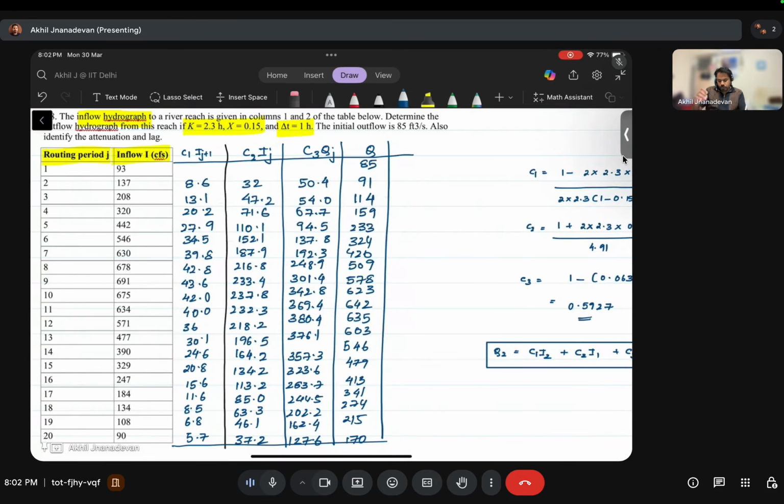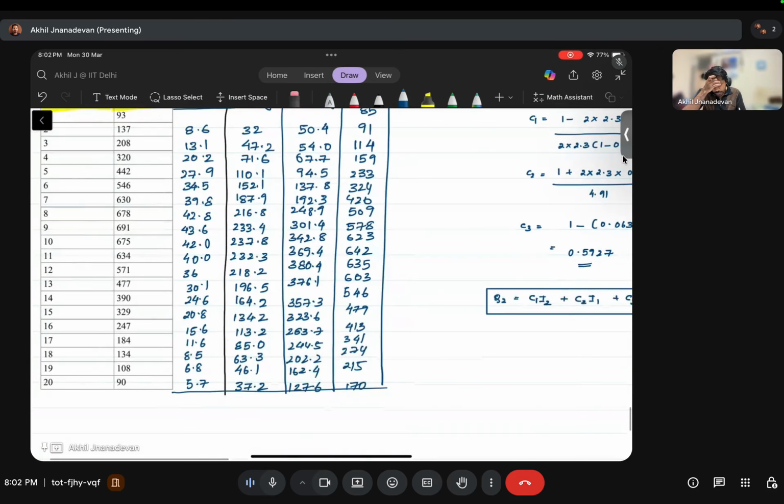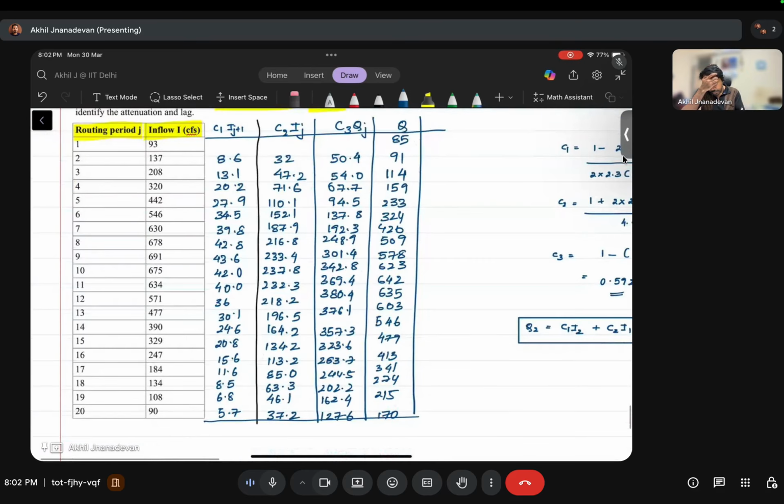And now if we want to calculate the lag and attenuation, we have the peak inflow as 691 at the ninth hour, and the peak outflow is 642, and it is coming in the 11th hour.